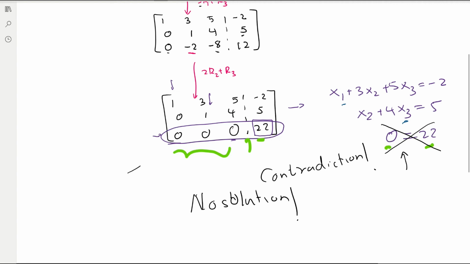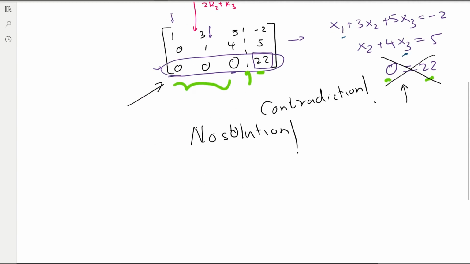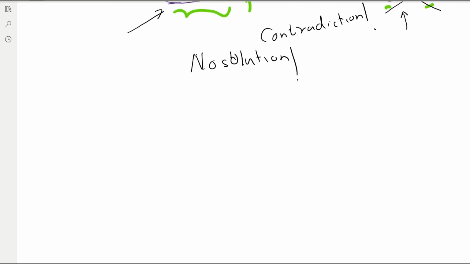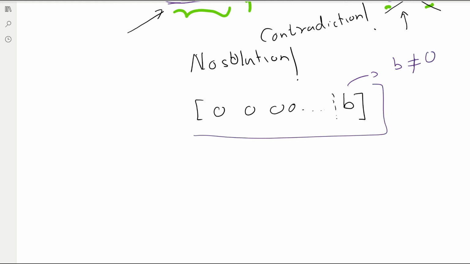If you run into this situation, where on the augmented matrix you have a row that's a bunch of zeros until that dash line, and then the number that represents the right hand side, let's call it b, is non-zero, then if you have a row like this in your row echelon form, that means the system of equations does not have a solution. It's a no solution case.